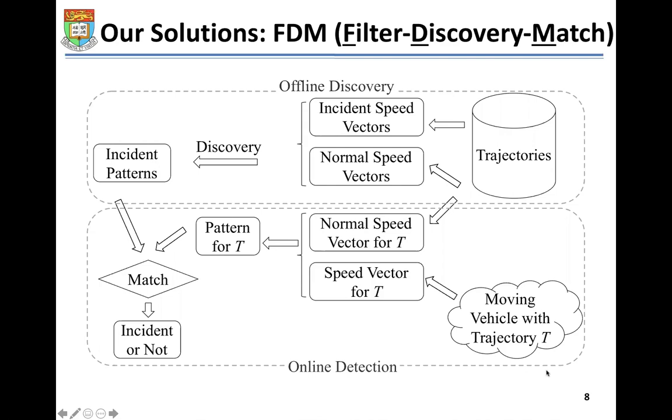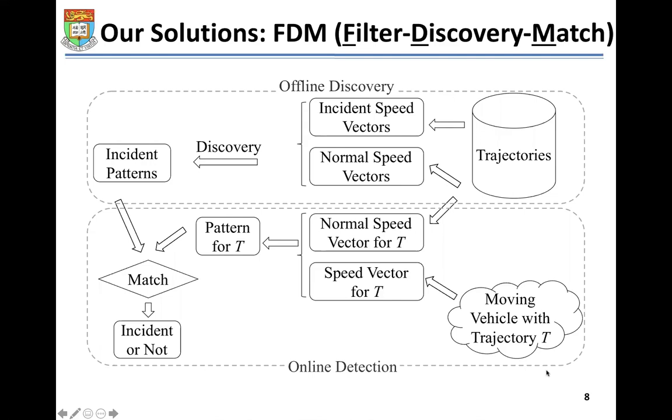In the offline discovery phase, first we extract incident speed vectors from trajectories that pass through incident locations when an incident occurred. The corresponding normal speed vectors are obtained by taking the average speed of vehicles which pass through the same road segments at the corresponding time points.